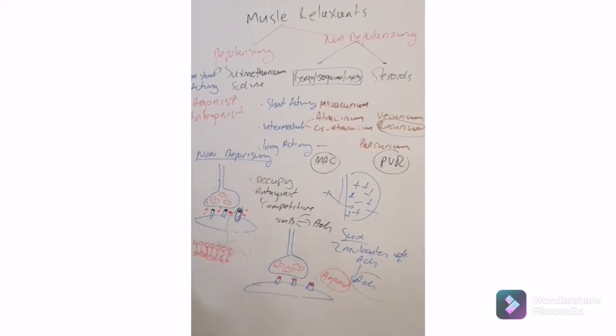So, in our bilipid layer, we have, this is our muscle, right? So this is a sarcolemma, which is the membrane that covers the muscle. So these are our sodium channels.